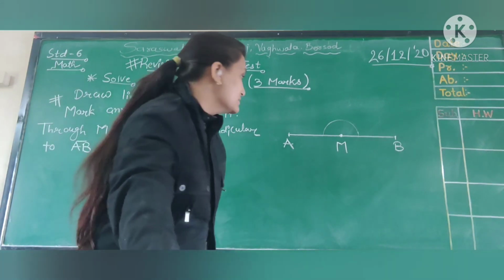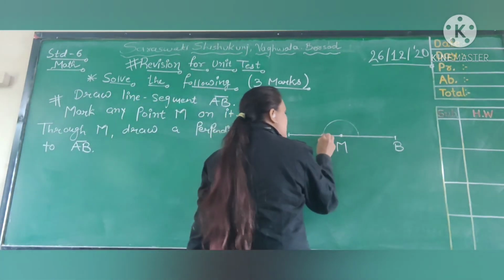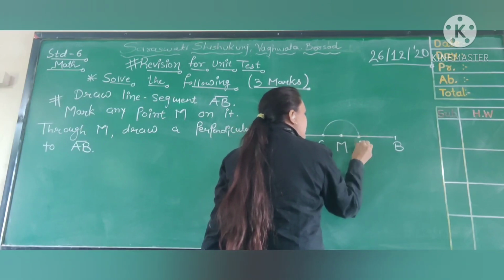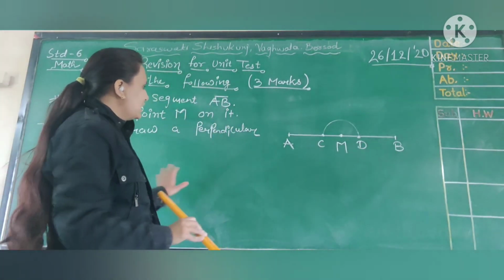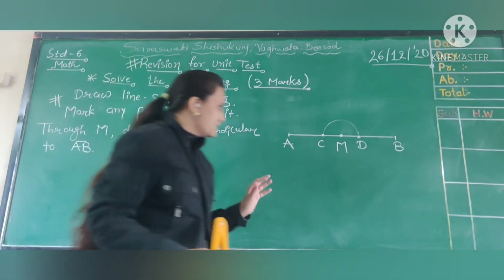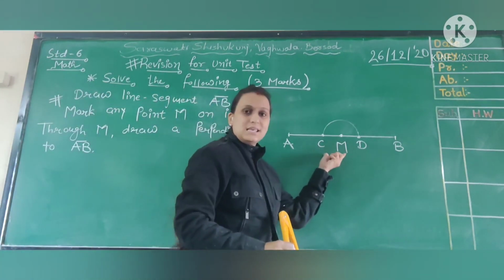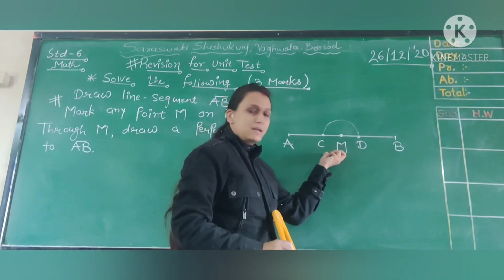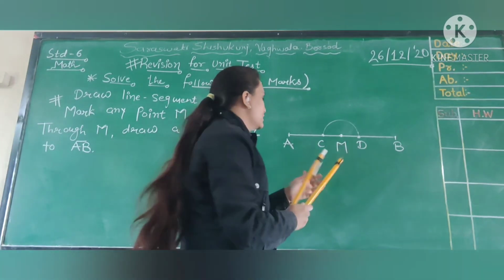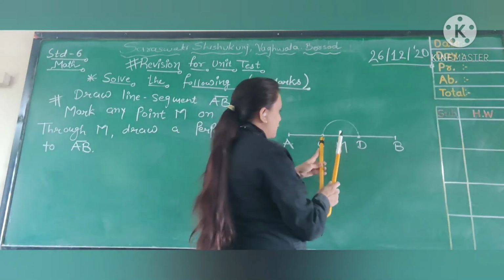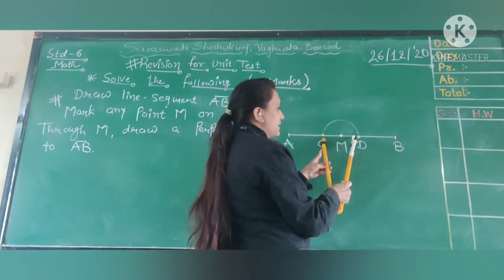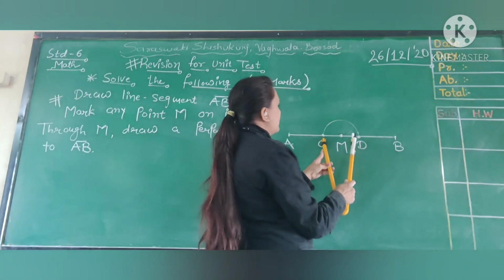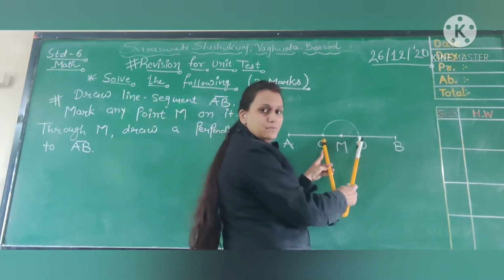Now let us give the names C and D here. For a perpendicular we have to take a measurement more than half of CD. Let us take the measurement from C to here, or you can take the measurement of CD.